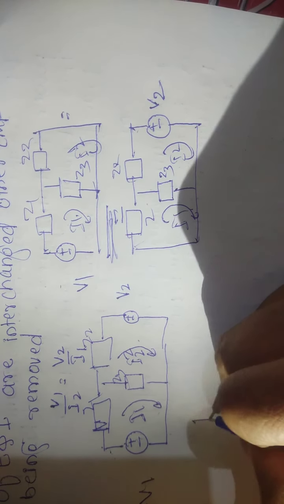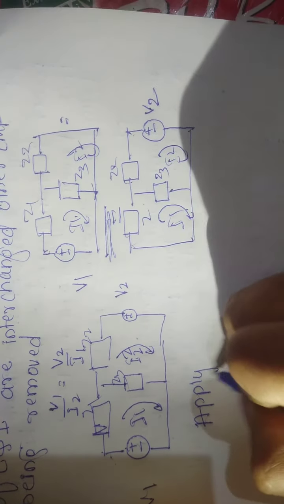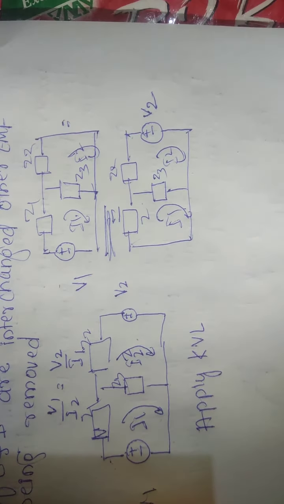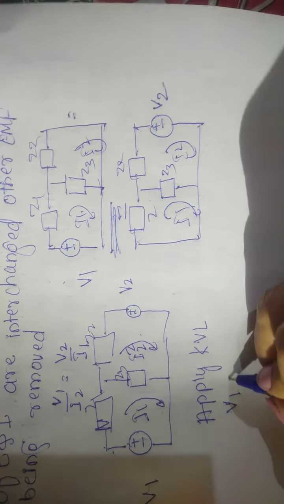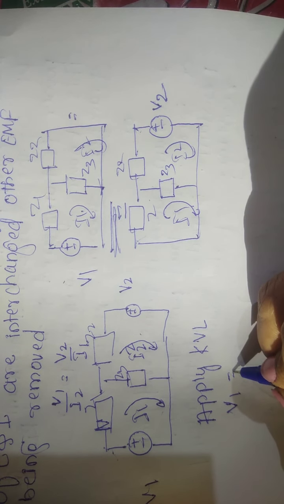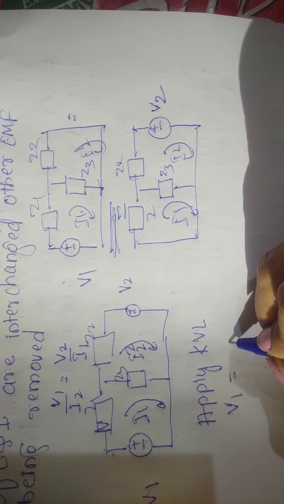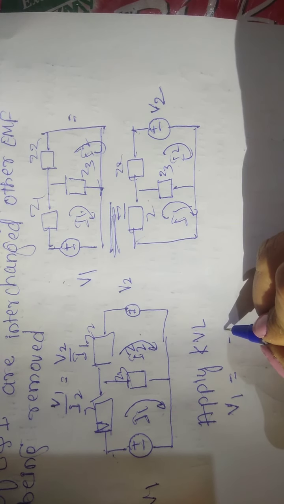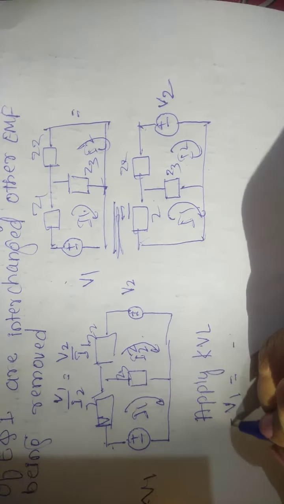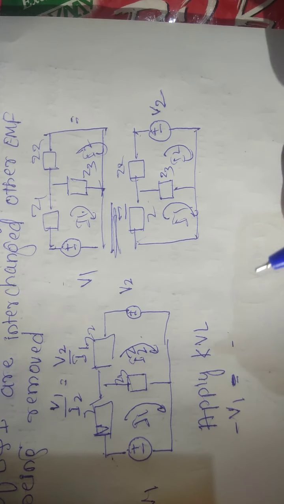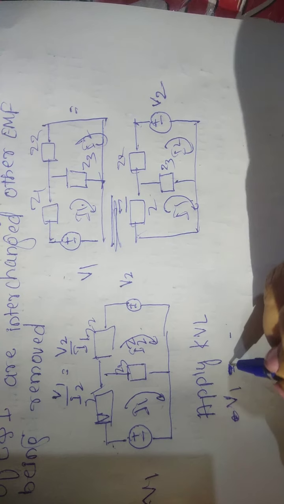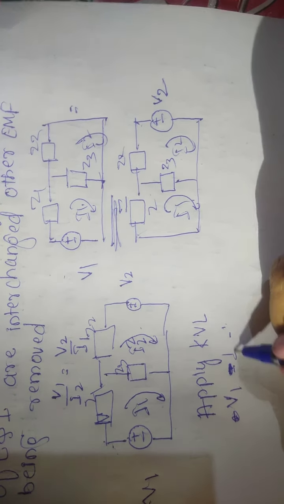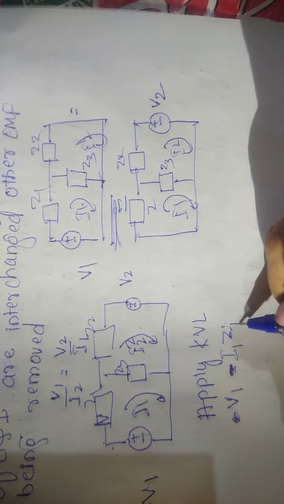First, apply KVL: minus V1, this one is negative to positive, plus V1 minus I1 Z1, correct?